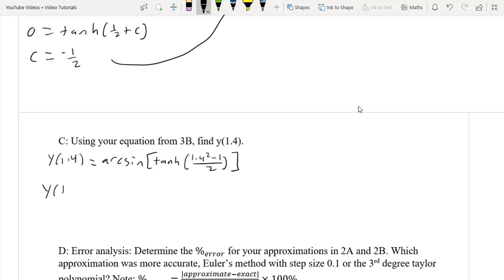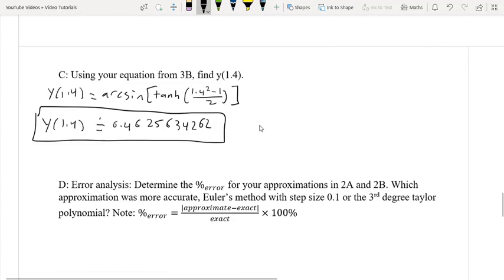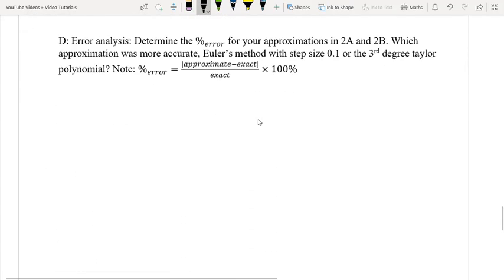And so y of 1.4 is going to be approximately 0.4625634262. This here is the actual solution to the differential equation at y of 1.4. So now the final step we want to do is we want to know which of our estimates in the beginning was more accurate, the one with Euler's method or the one with the Taylor polynomial.